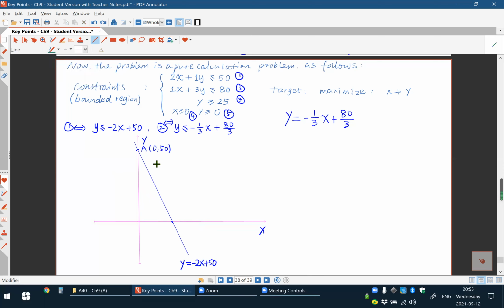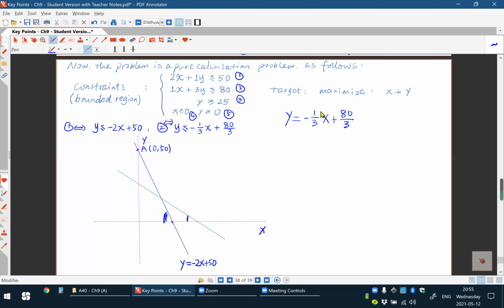Let's use another color. This line has a slope of -2, and the second line has a slope of -1/3, so the angle here should be smaller than the angle here, right?